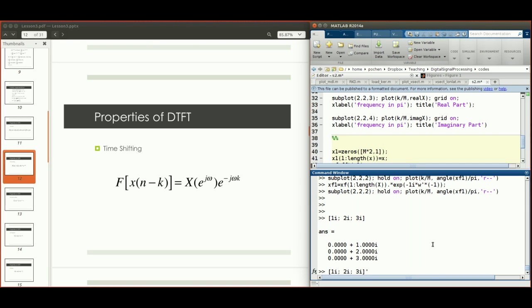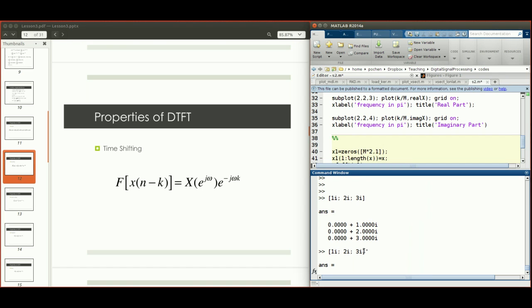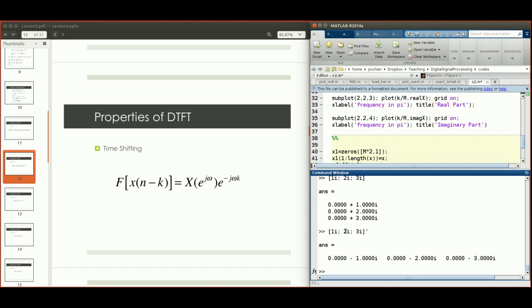But if I transpose it, you see, the Matlab transpose function, prime, on a complex vector is not just converting a column vector to a row vector here. It also changes the sign of that complex vector. Basically, it's conjugating the complex numbers in those complex sequences.